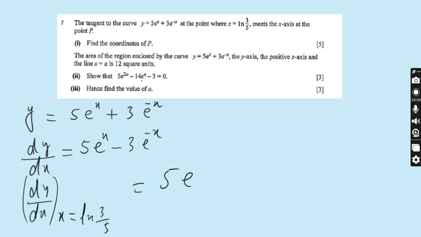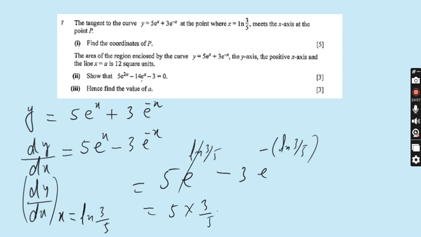So 5e^x, x is ln 3 upon 5, minus 3e^(-x), x is ln 3 upon 5. So 5, ln and e cancel, 3 upon 5, minus 3e. This negative must be the power of ln, that is ln 3 upon 5 to the power minus 1.